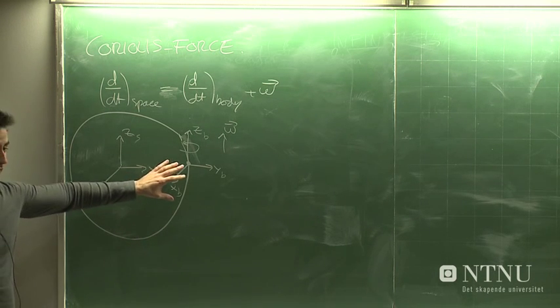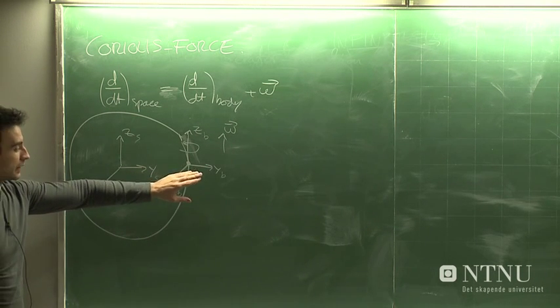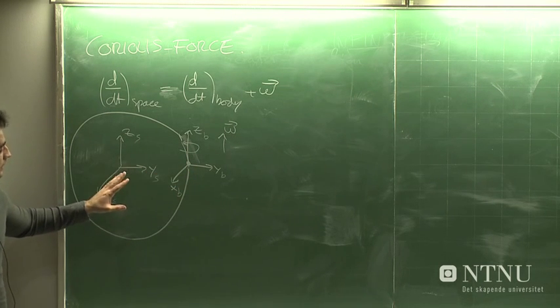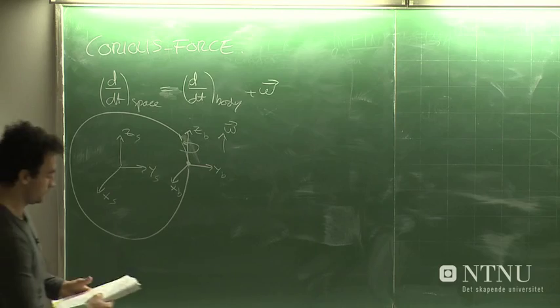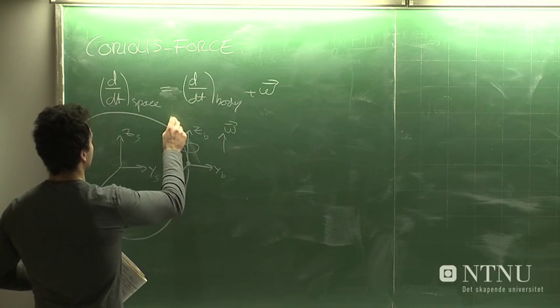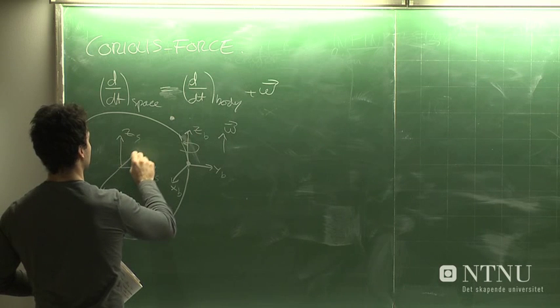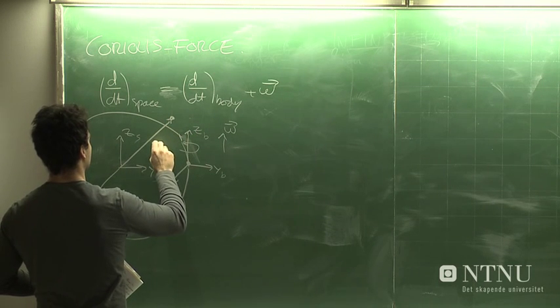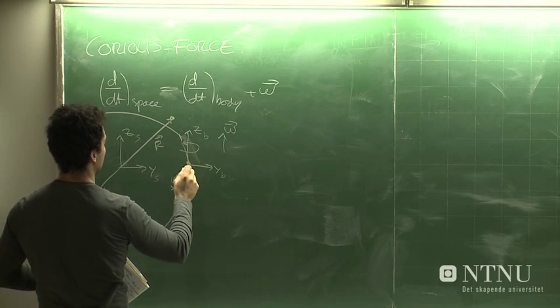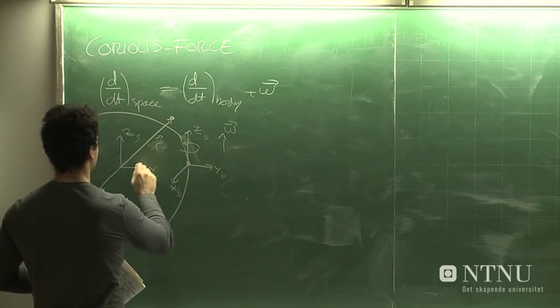Now I have a slightly different scenario. I have a rotating system with an origin that does not coincide with the stationary system. So if I have some vector here, I'll call this r.